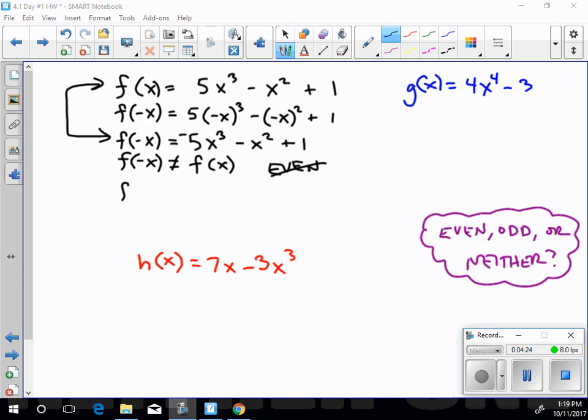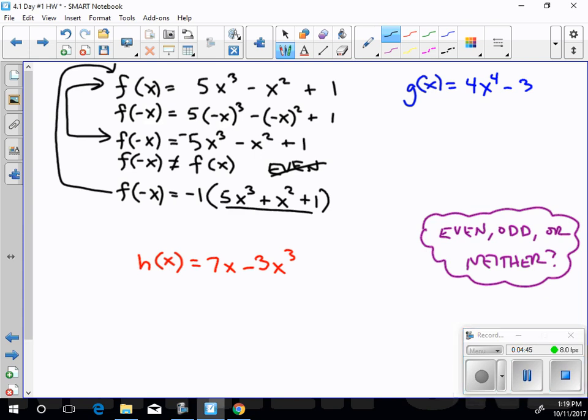Okay, so what I'm going to do next is I'm going to test to see if it's odd. So here's f of -x. I'm going to pull out a -1. When I pull out the -1, I get this. Is that equal to the opposite of the original? So do I have f of x right here?